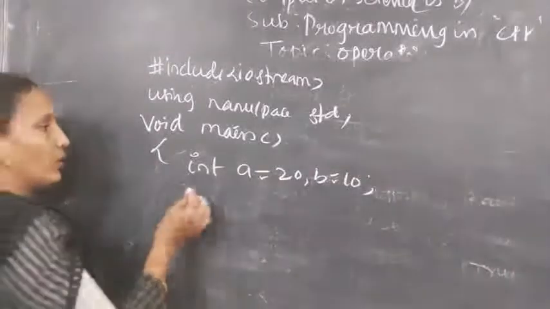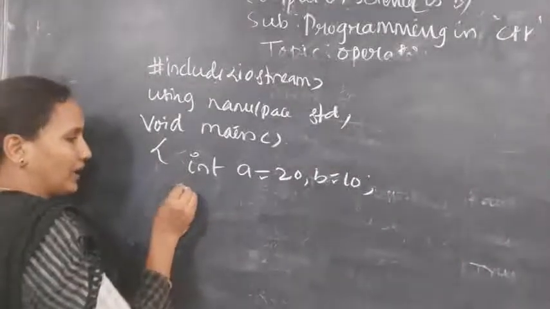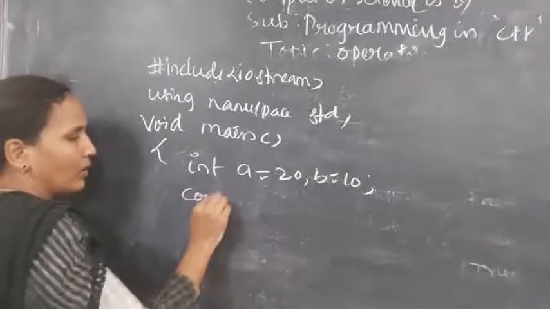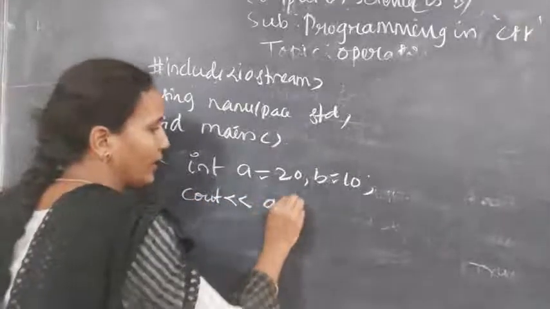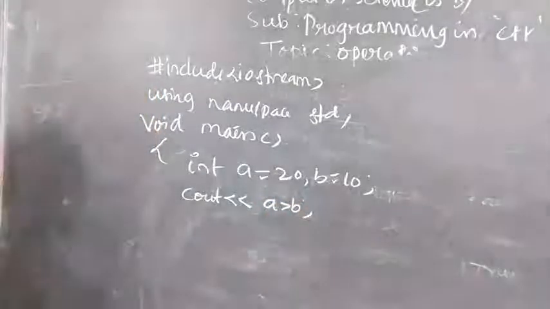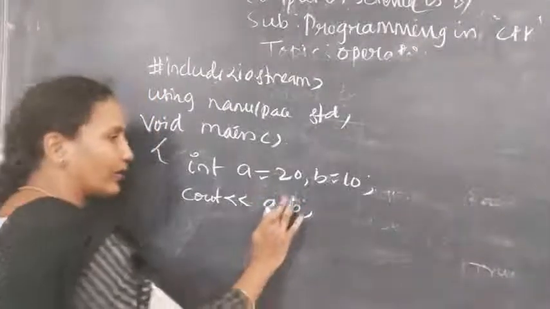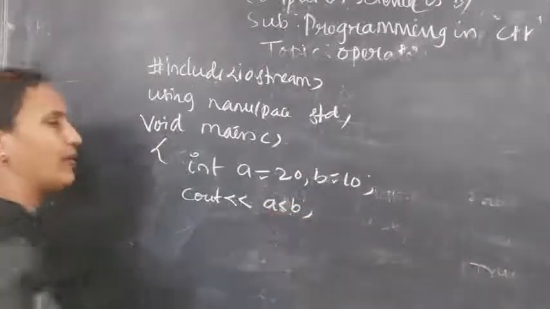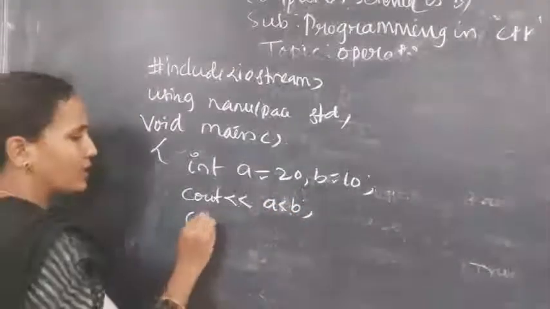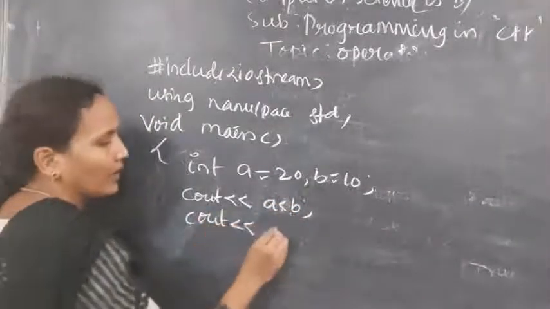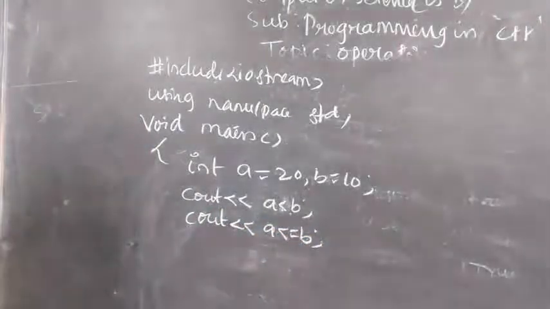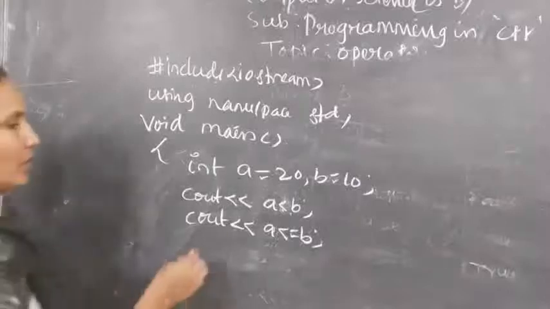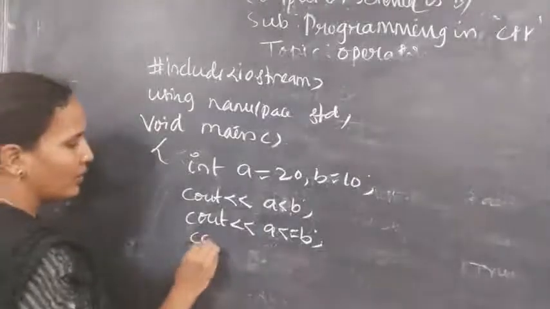Now I am checking a condition. Cout A greater than B. Or, according to the table, we will take A less than B. Next, cout A less than or equals to B. Directly you can give a relation expression, or you can use any resultant variable.